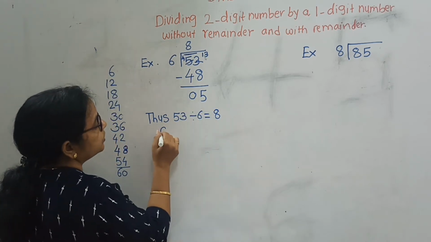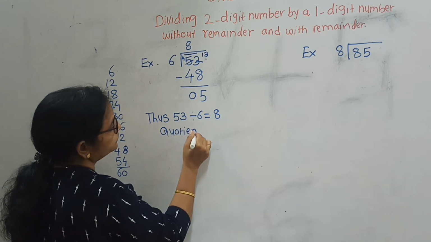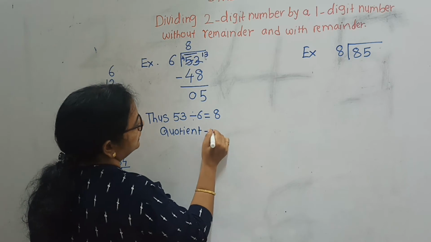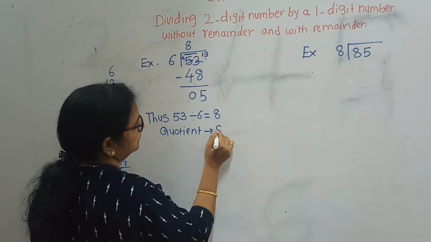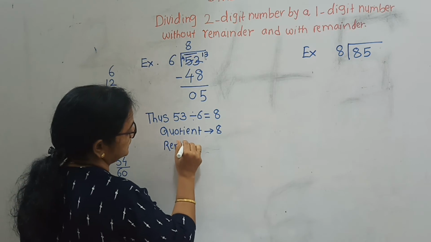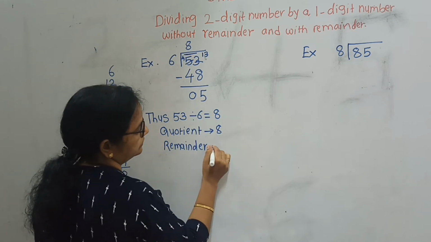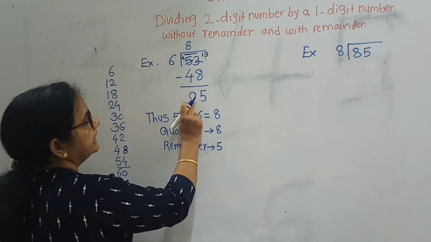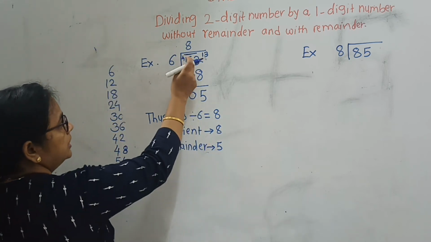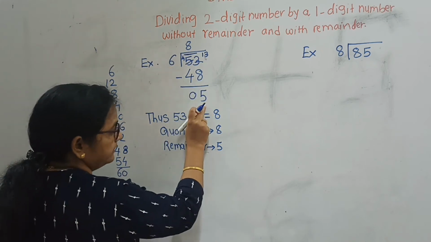But quotient is 8. And remainder, you have to write here remainder children. There is a remainder 5. Yes. And this is the example of division of a 2 digit number by a 1 digit number with remainder.